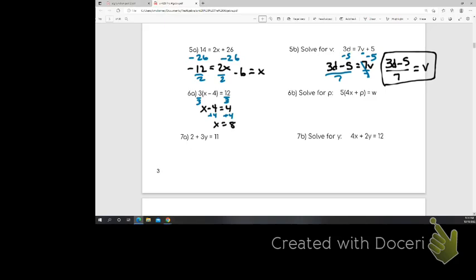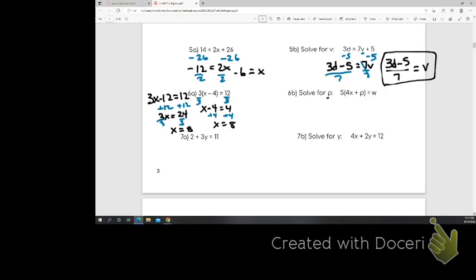Or I could distribute, add 12, and divide by 3. When it's just numbers, the answer comes out looking exactly the same. When it's literal, the answer is not going to be written quite the same, but it is still equivalent.